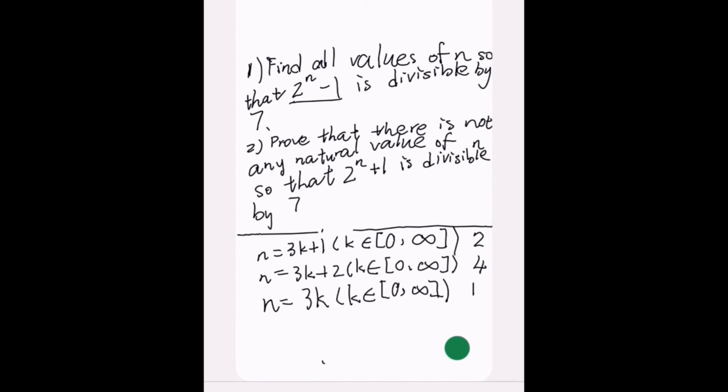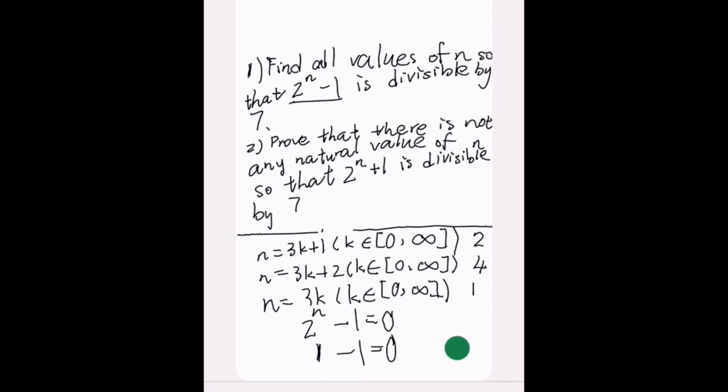When 2 to the power of n has the remainder of 4 when divided by 7, and we minus 1, the remainder will be 3, which is also not divisible by 7. Let's try when 2 to the power of n has remainder 1 when divided by 7, and when we minus 1, it is divisible by 7.